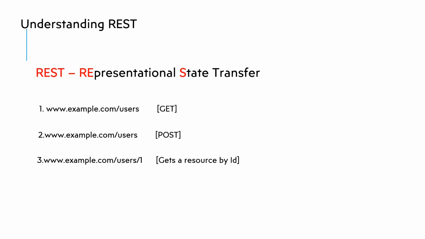Then a web service is basically a standalone component running on one server and exposing some functionalities that can be consumed by any external users. And REST is basically representing the resources from an application, which we can manipulate with these verbs like GET, POST, PUT, DELETE, PATCH, right?